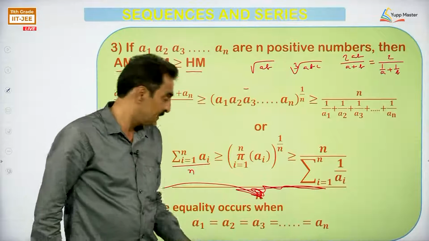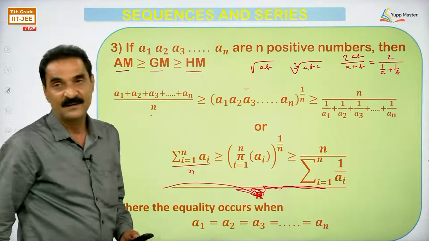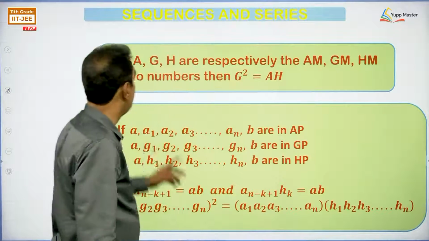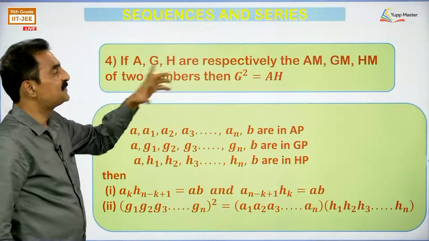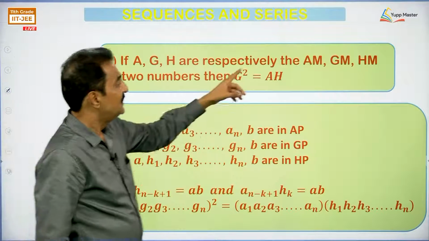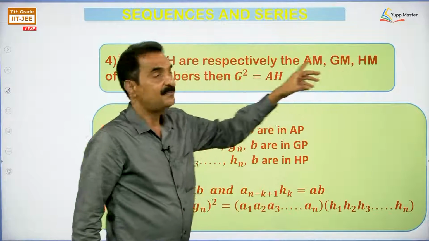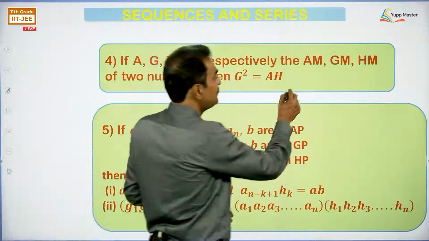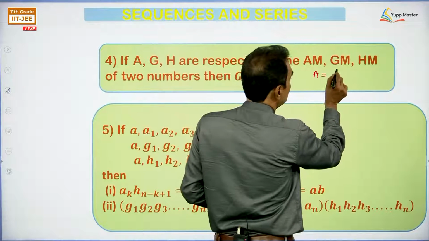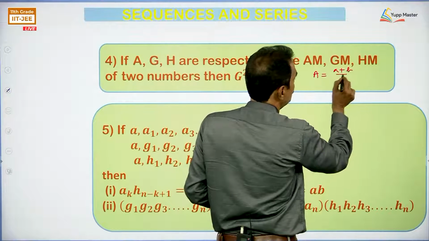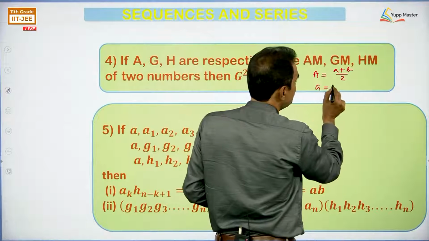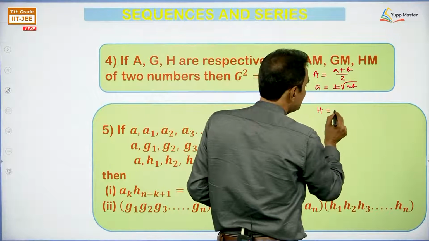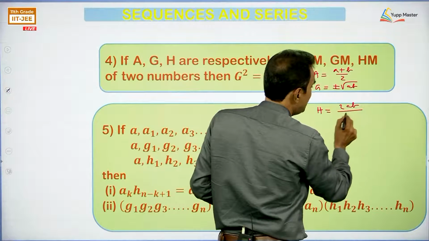Okay. Now, next point, if A, G, H are respectively the AM, GM, HM of two numbers, what is AM? A is equal to (A plus B) by 2, geometric mean is plus or minus root AB and harmonic mean is 2AB by (A plus B).